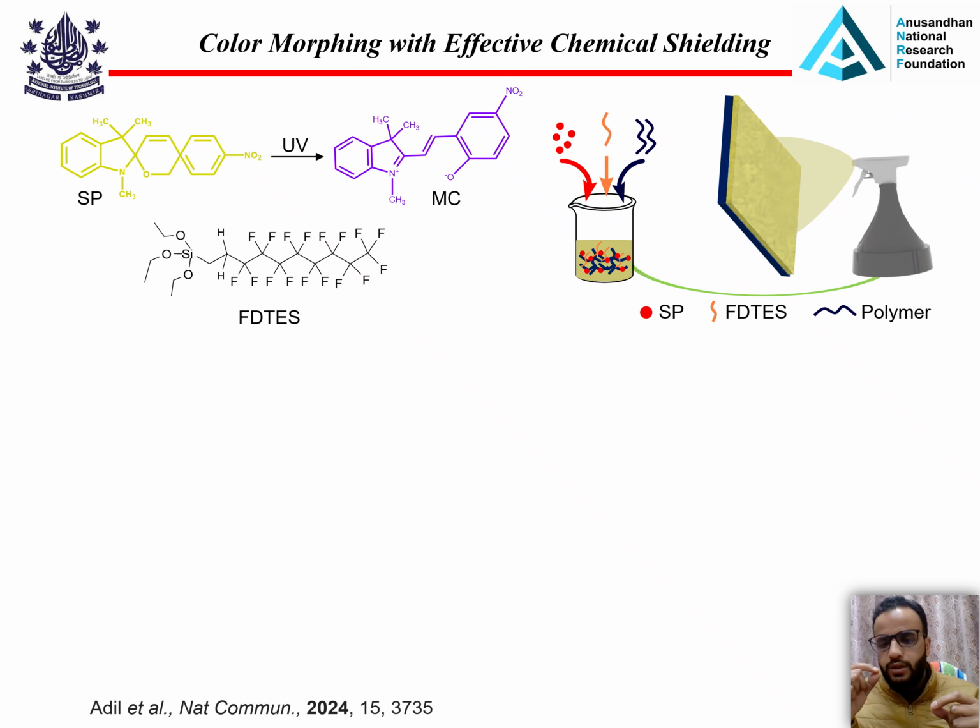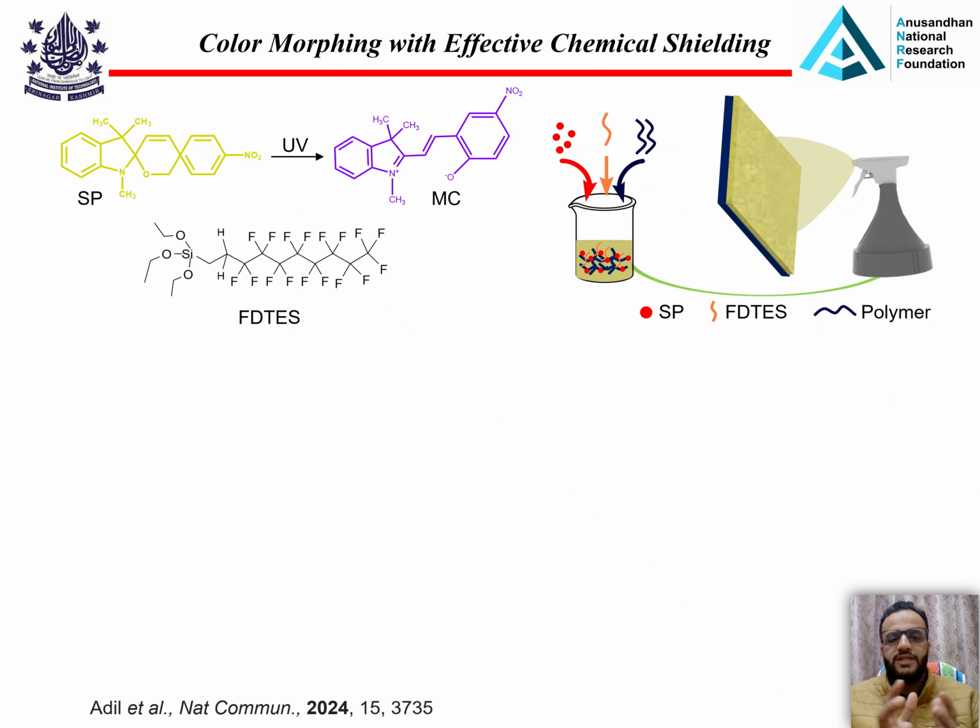Because both properties are surface sensitive, here in this project we have designed a multifunctional super omniphobic surface. So what we did here, we have designed a super omniphobic surface which is photochromic, meaning it changes color in the presence of light, but at the same time it is also repellent to water and other organic liquids. In order to design that kind of surface, we have used an organic molecule, spiropyran.